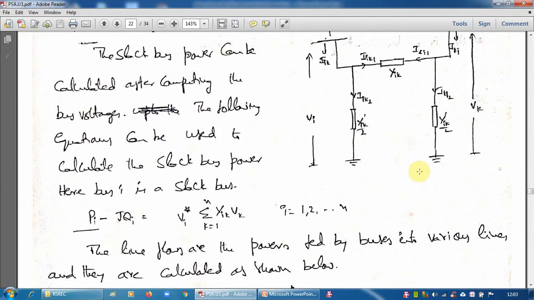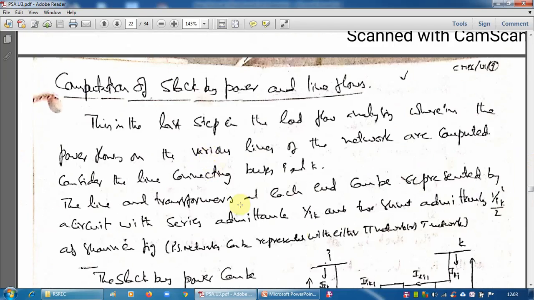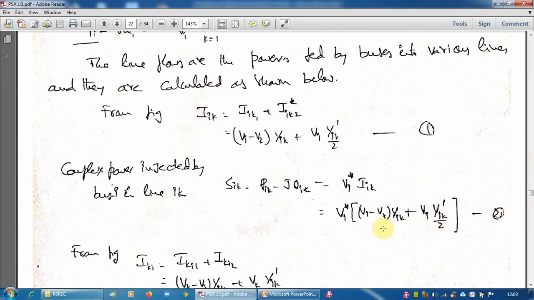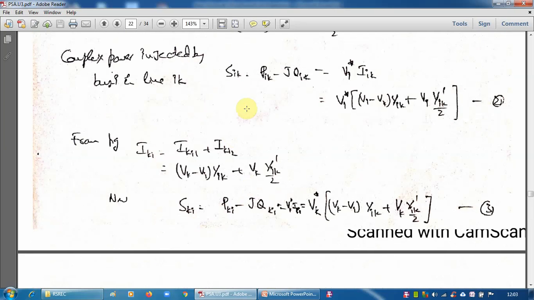Then the final step is to calculate the power flows in all the lines. They can be obtained by this SIK and SK. For example, power flow in line 1-2 is S12. If there is a line 2-4, the power flow in line 2-4, S24, can be obtained by using this expression in terms of all voltages, and like that this also.